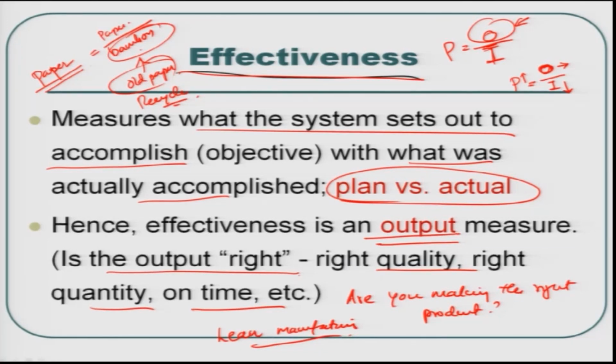One other way of thinking about it is, do we really need the paper? Can we convert this into a digital format? This is where you are talking about being effective in a different fashion altogether. Usually, effectiveness will result in something that is unique or different compared to what is already being done.